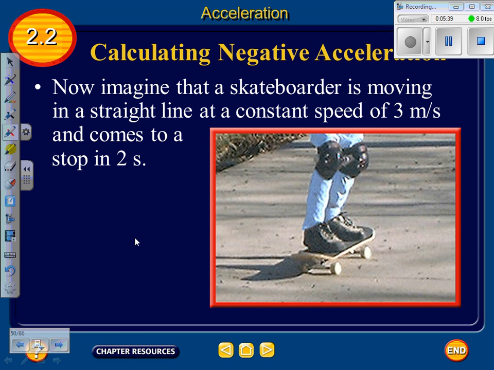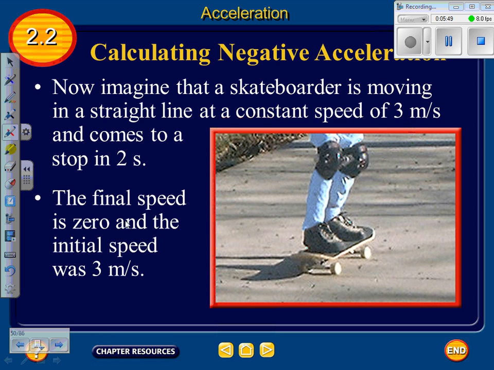Now imagine that a skateboarder is moving in a straight line at a constant speed of 3 meters per second and comes to a stop in 2 seconds. The final speed is 0. He stops, and the initial speed was 3 meters per second.